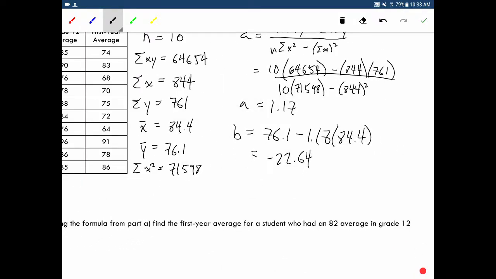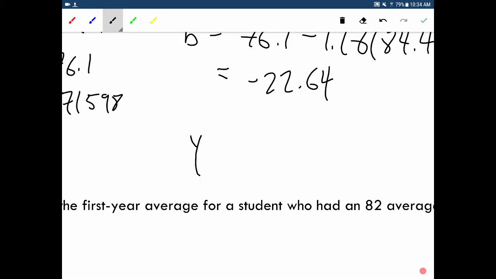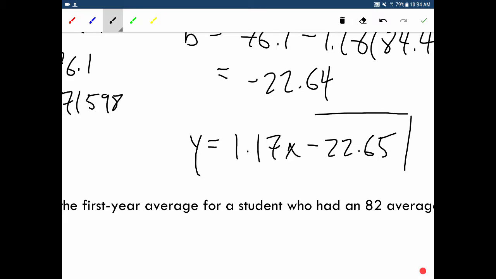There we go. So the perfect equation for the line of best fit here is going to be 1.17x minus 22.65. And there we go.